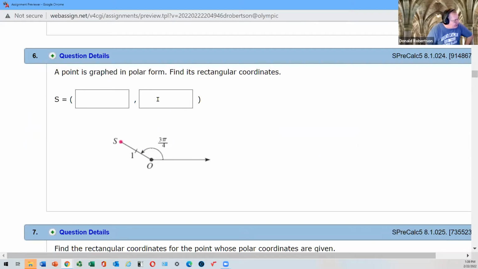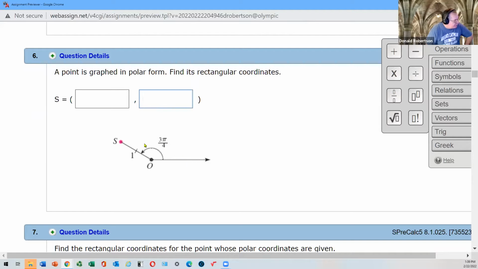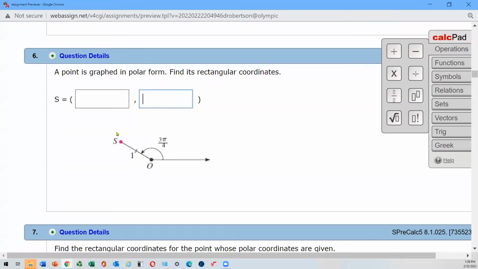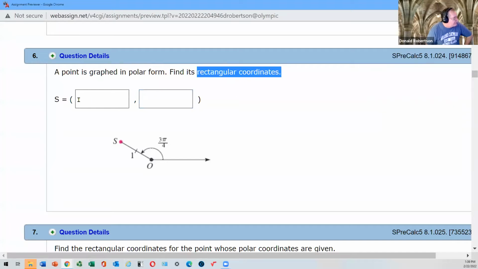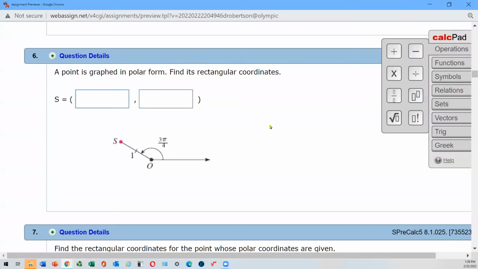In this question here, you're shown the angle and you're shown the distance. You see it's visual, but isn't R going to be 1? And won't this guy be 3/4 pi? See that? So if I was going to find the, as they call it, rectangular coordinates, I call them Cartesian. Wouldn't R be 2?